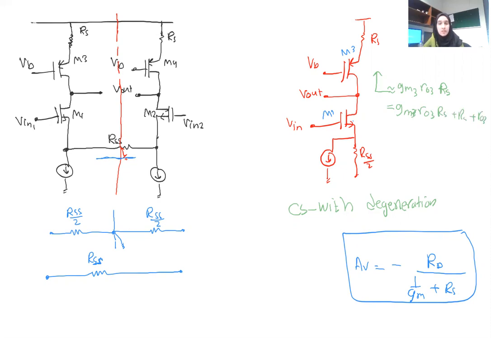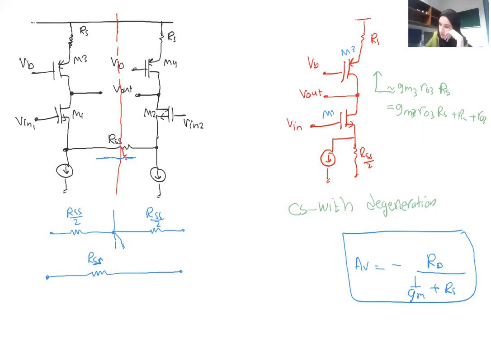Do you see this? This is the trick in the question here. Is this clear? This is the only difference that we have.